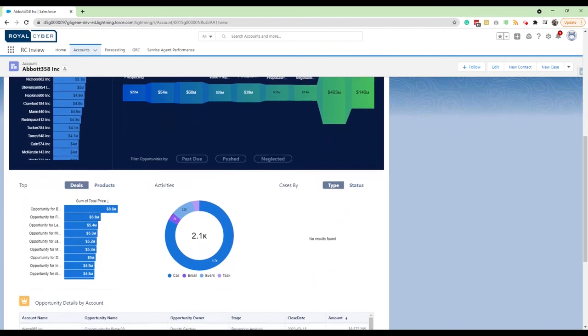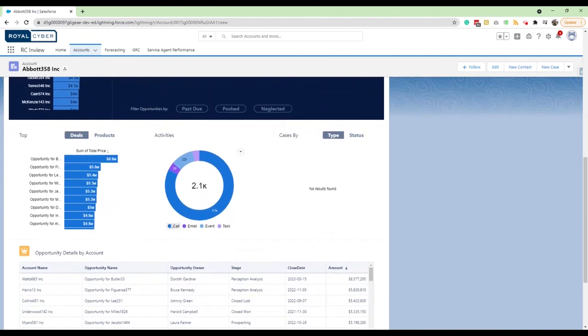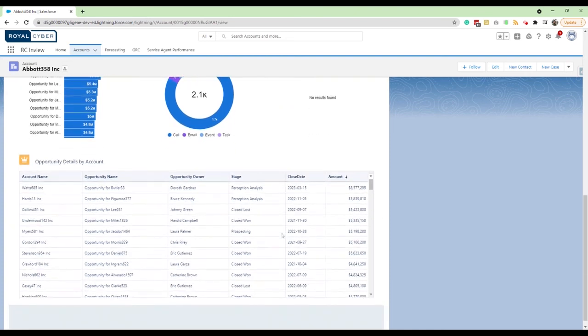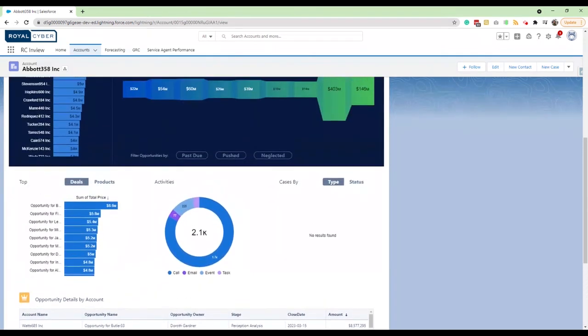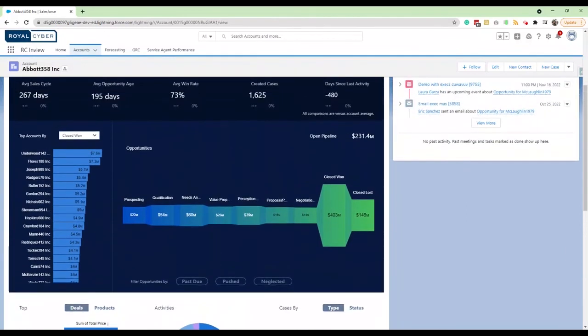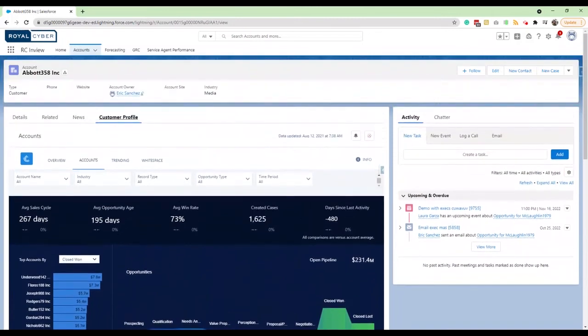And then again, based on what kind of opportunity, basically what's the source of these opportunities that have come in. Now, this is a list of the opportunities that's there. So this is basically trying to tell you about this customer. Okay. Let's get into forecasting.